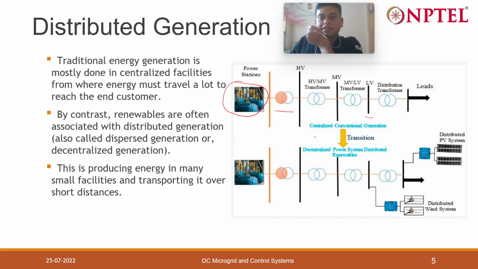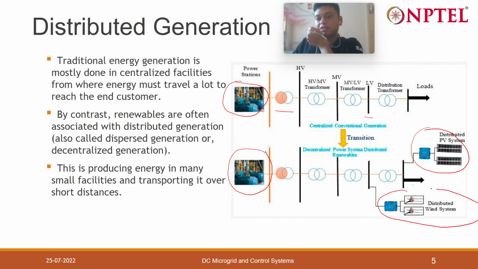And now, due to renewable energy sources coming into the picture, generation is not only very far from the consumer side, it is also at the consumer side. Here you can see this PV system and distributed wind system. If we have a big PV plant, then we can install it at this bus also.